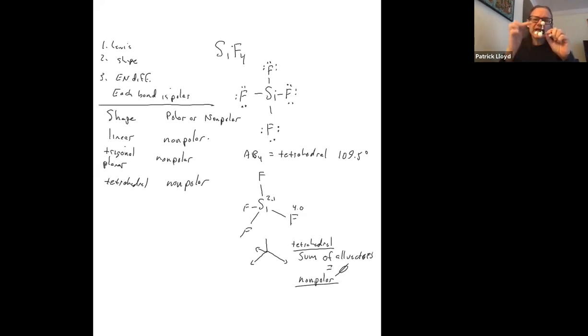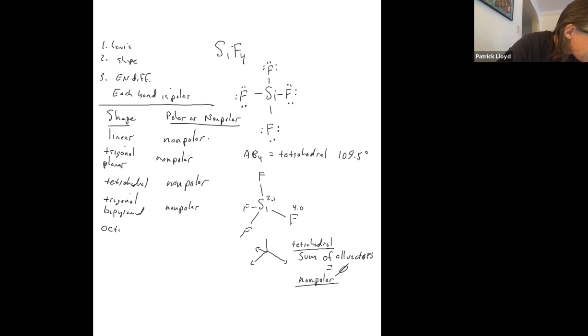The three down cancel the one up. And then these two are a little bit to this side. This one's a little bit more to that side, so they cancel in that direction too. So it just ends up being 0. So those three are nonpolar. They just work out to be nonpolar. The next one does too. Trigonal bipyramid, nonpolar.